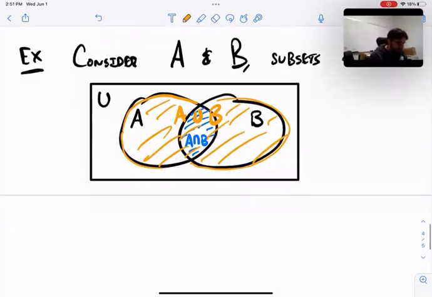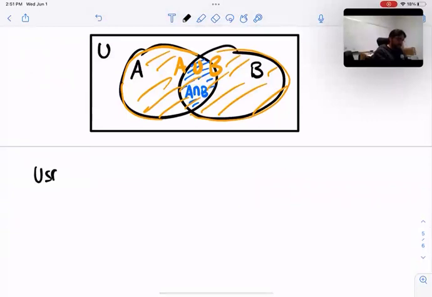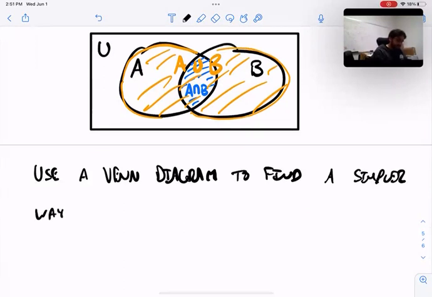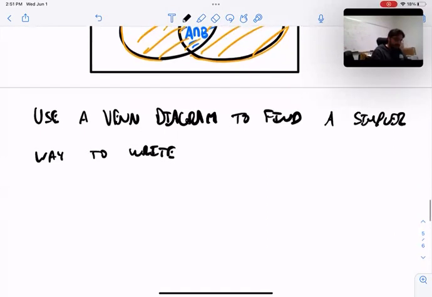So for example, we could use a Venn diagram to find a simpler way to write, how about this?